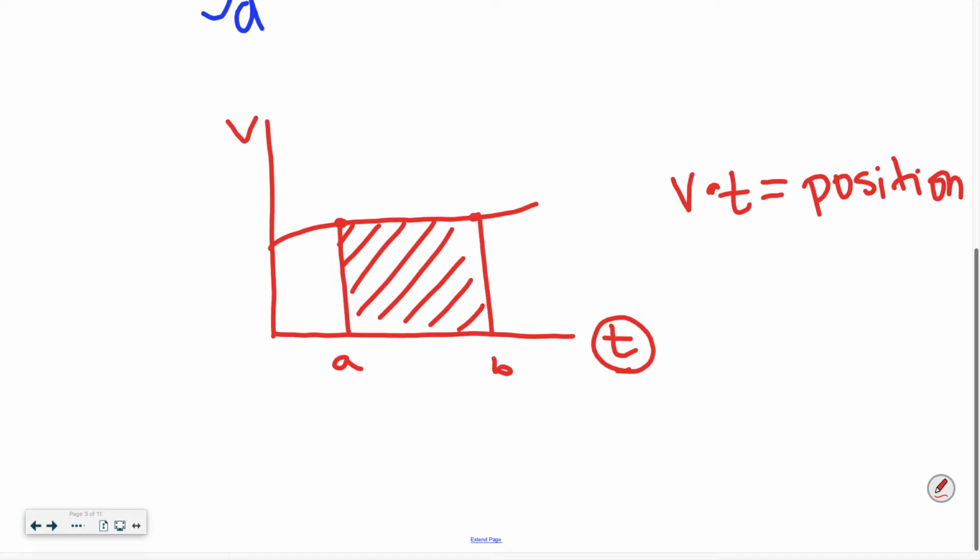So now, let's think about this. If I were to start right here at point A and walk right here to point B, how would you find that distance? Let me reword that.